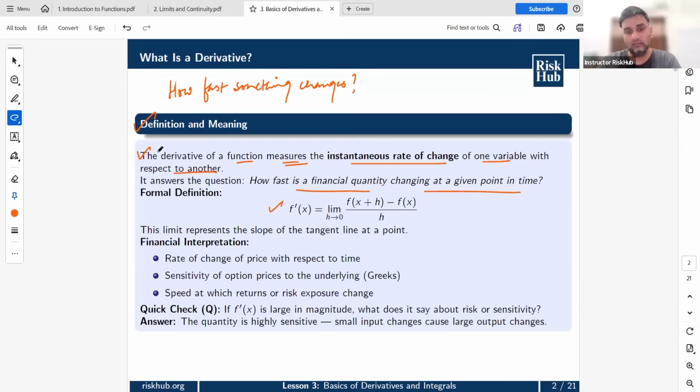When we put the limit h tends to 0, the change becomes infinitely small, so we get the instantaneous rate of change.